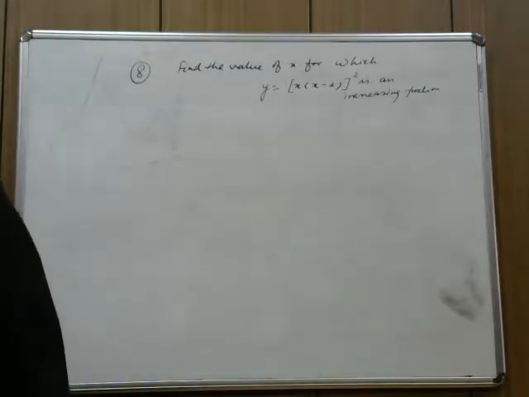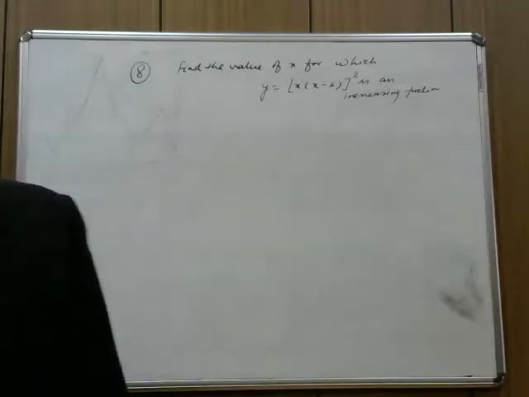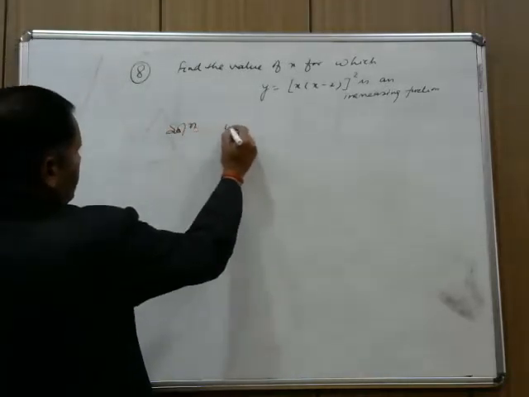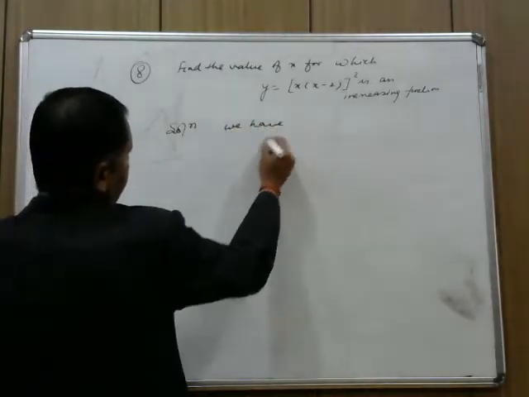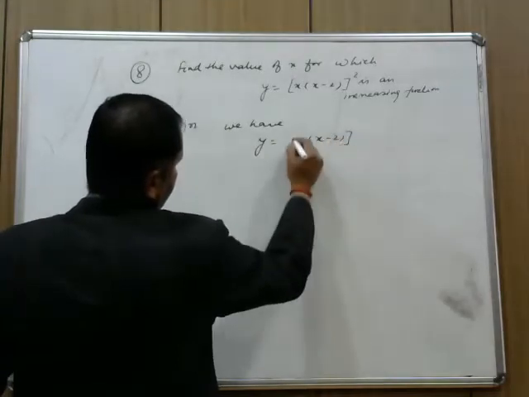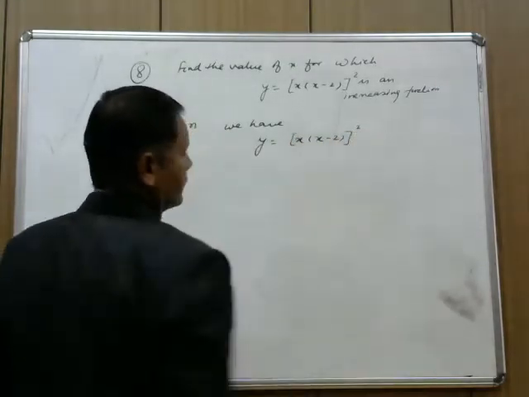Okay. Now we have the function y = x(x - 2) whole square, right?